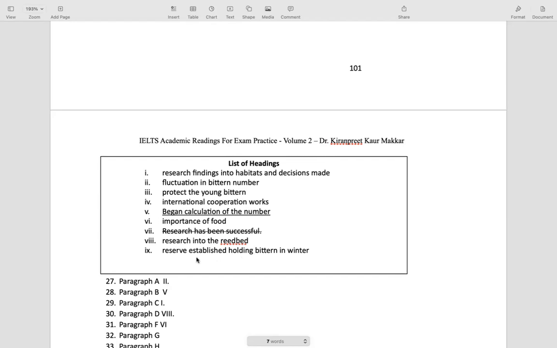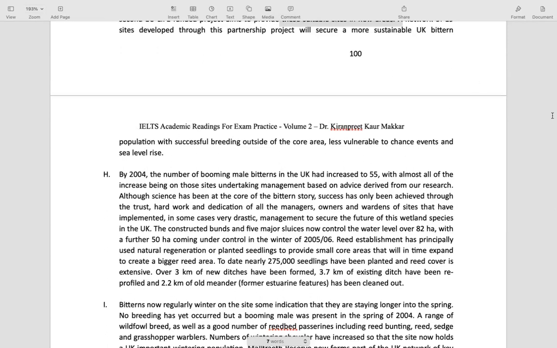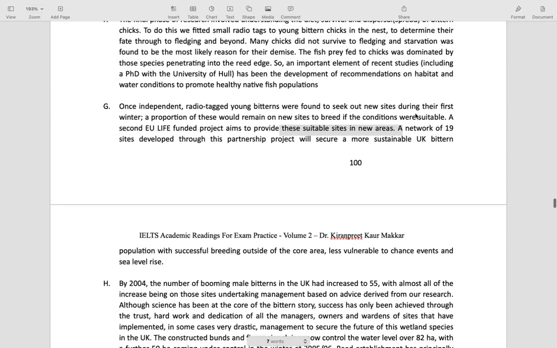Are they establishing a reserve for holding them in winter? So let's find out if they're making a reserve for holding them in winter, and in the summer they will let them go. Winter is not given in the first line. In the second line, winter, yes, it's written.